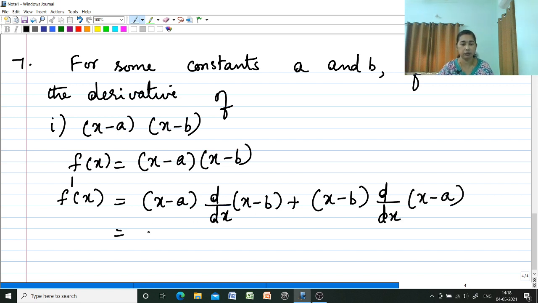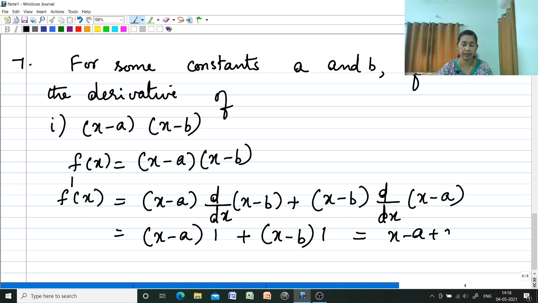That is equal to x minus a into derivative of x minus b is 1, because b is a constant, derivative of b is 0 and derivative of x is 1, plus x minus b into derivative of x minus a, derivative of a is 0 and derivative of x is 1. So the answer can be written as x minus a plus x minus b, and that is equal to 2x minus a minus b. That's the derivative of x minus a into x minus b.